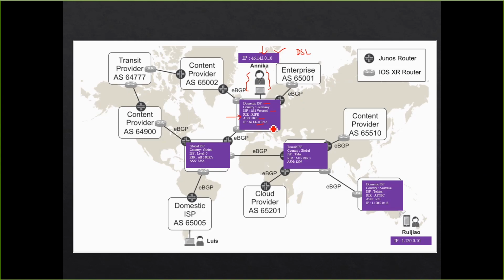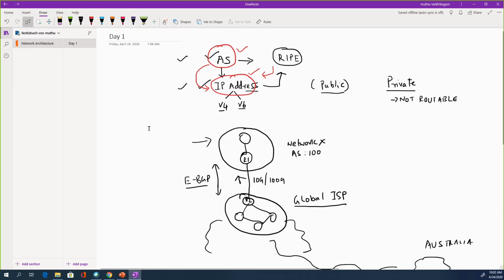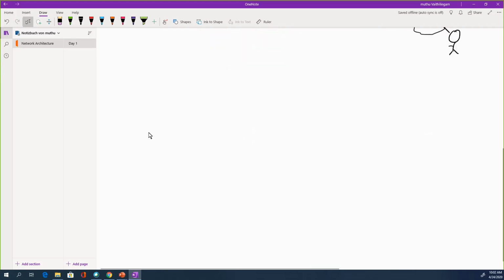So what is this concept of bigger block? So we are going a little bit into IP addressing now, right? Let's say you are the home user, and you are having a DSL connection at home. So this is your DSL router at home.